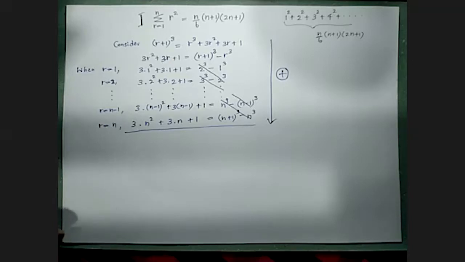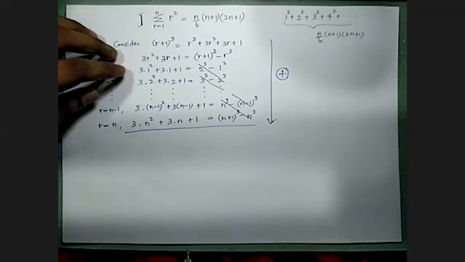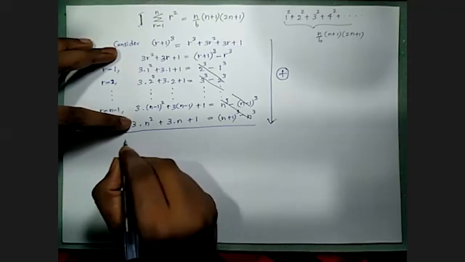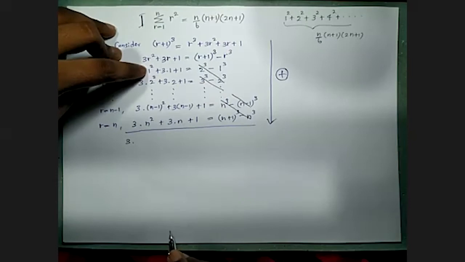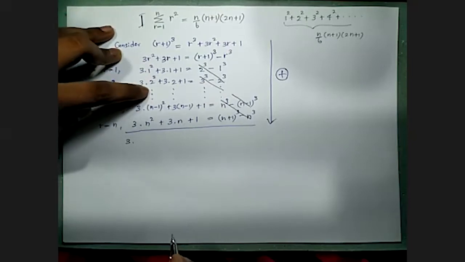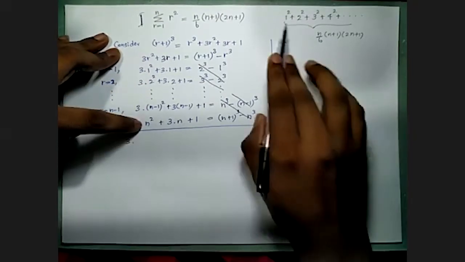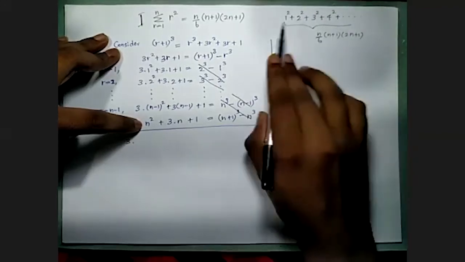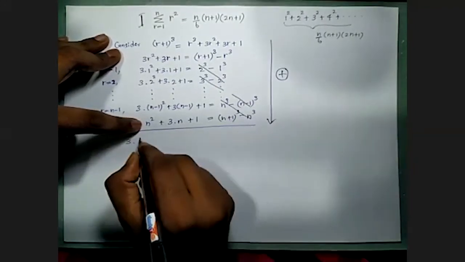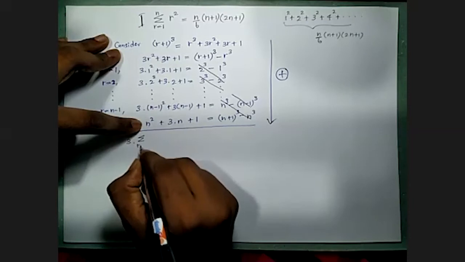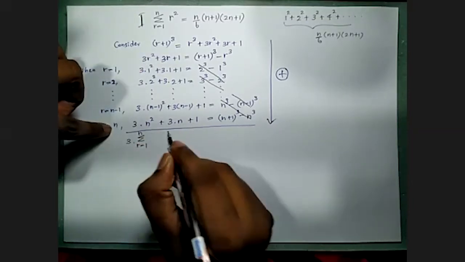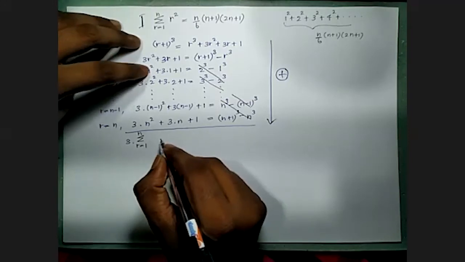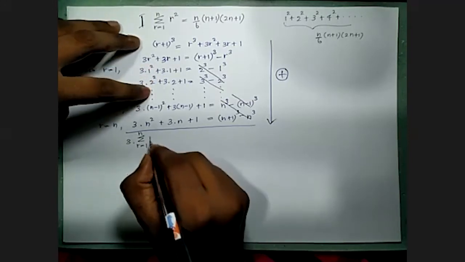Yes, sir. Okay, now take the sum. 3 is a common factor. So it is 3 into what we have here: 1 square, 2 square, 3 square up to n square. This sum, so we are calculating that. Then write the sigma notation, r equals 1 to n. What is the general term? 1 square, 2 square, 3 square means r square.